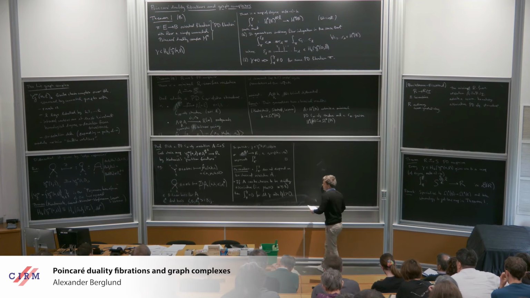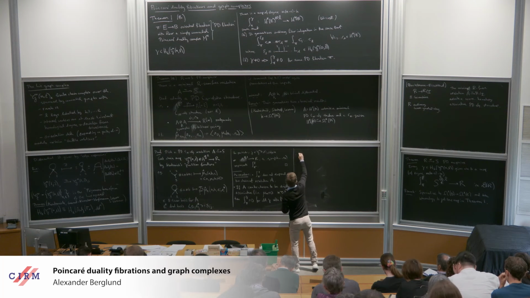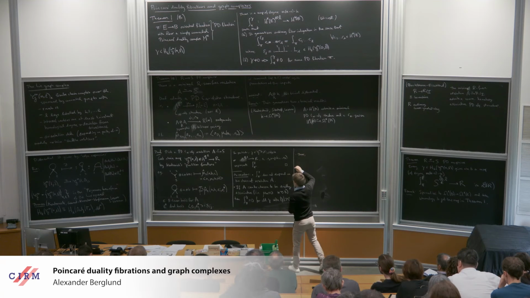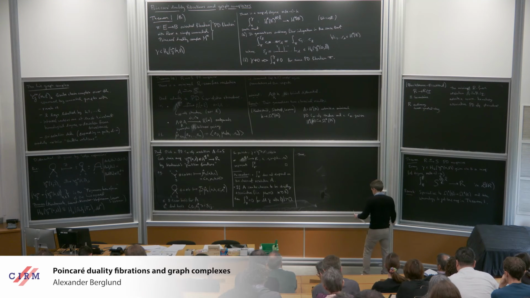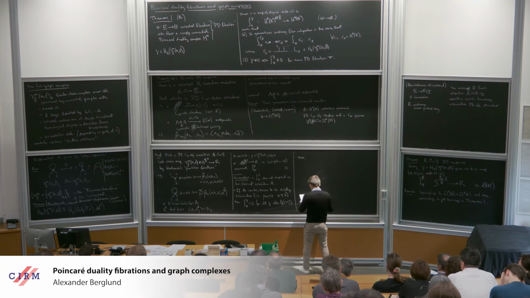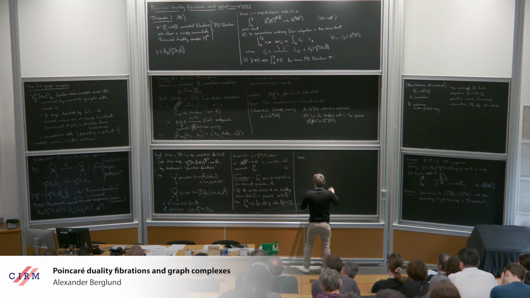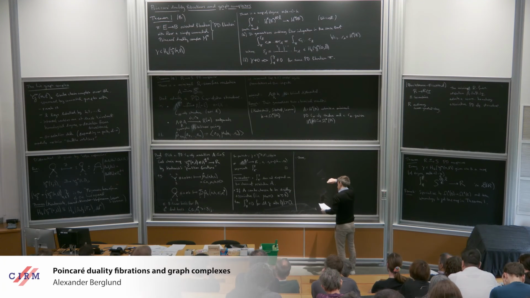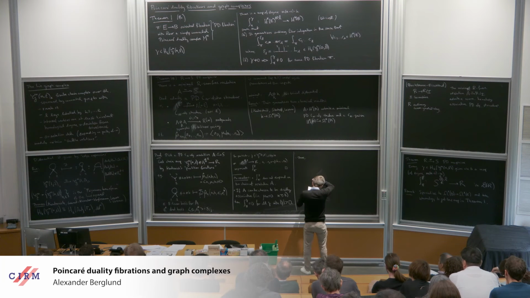And so the conclusion of these two observations is that it gives you a meaning to this map. What does this map and the homology classes constructed using it do? Well, they obstruct the existence of strictly associative Poincaré duality resolutions.